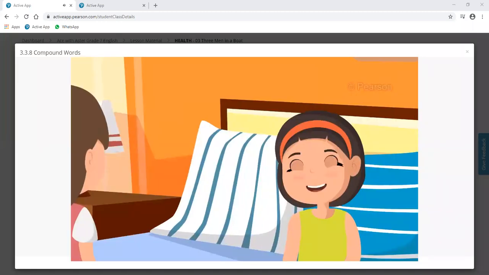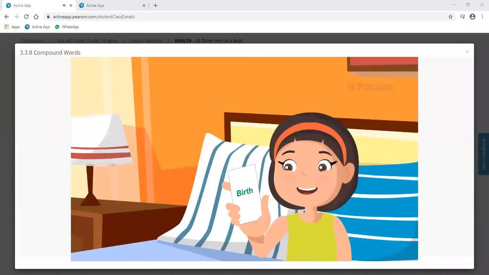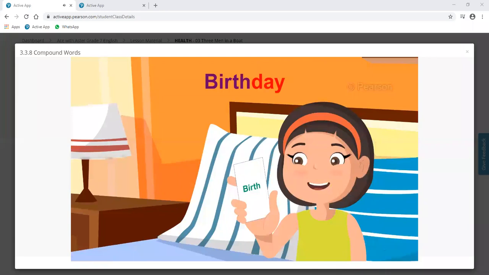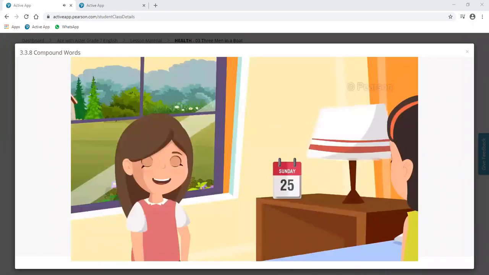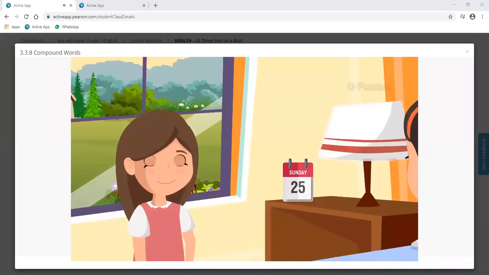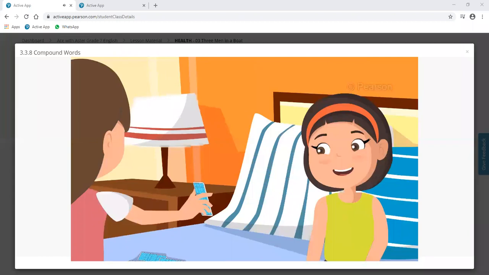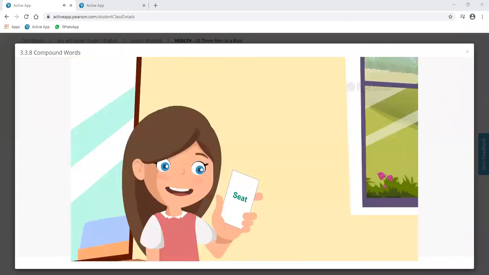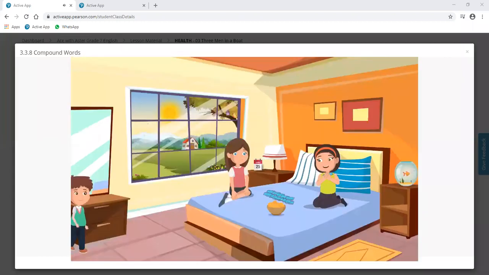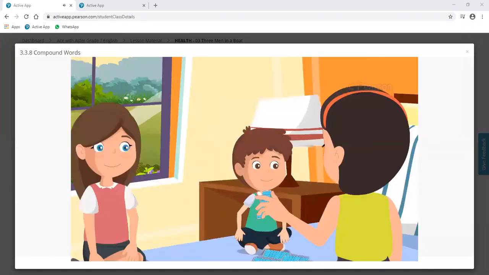My turn. The word is birth. So it's birthday. This is fun. Okay, so the next word is seat. So I will make the word seat belt. Let's see what word I got. It's hill.